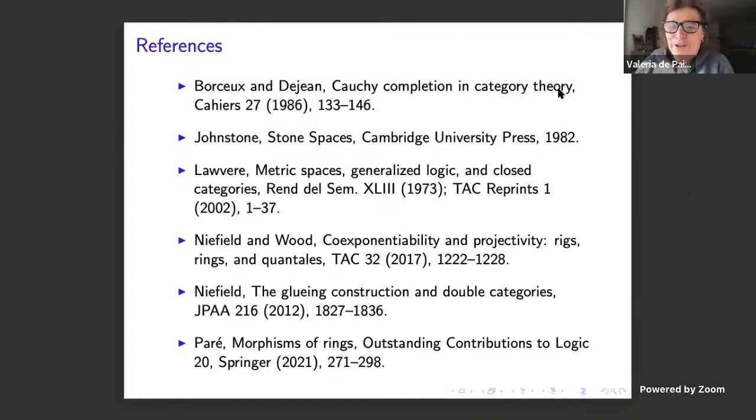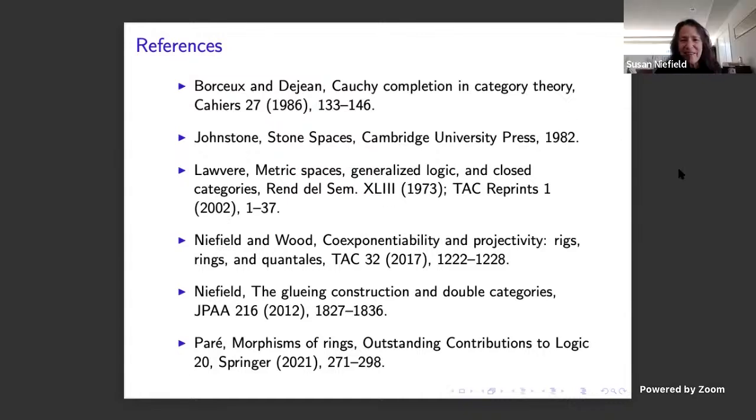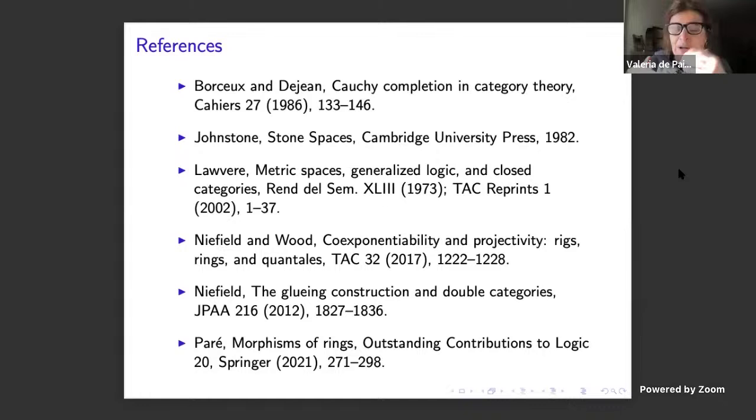Oh, hello, Susan. How are you doing? Good. How are you? It's been a long time. It's true, long time. My question is about the logical aspects of everything that you're talking about, because logic keeps showing up in funny ways, like in the Paré book paper for Lambek, the fact that quantales are in some ways about linear logic, and even your old work on exponentiability of objects, which is about looking at implications.